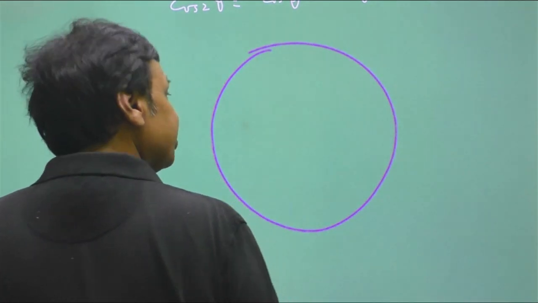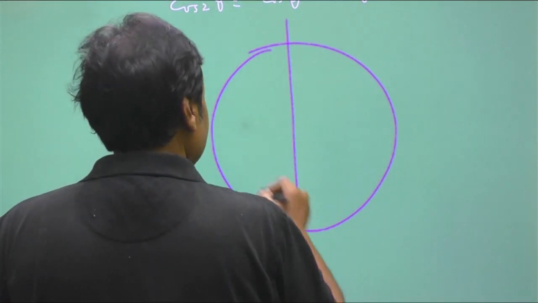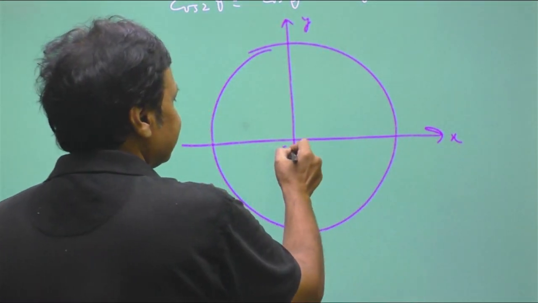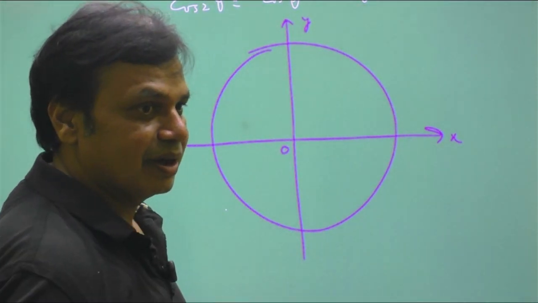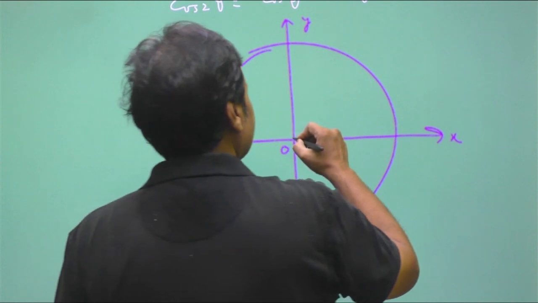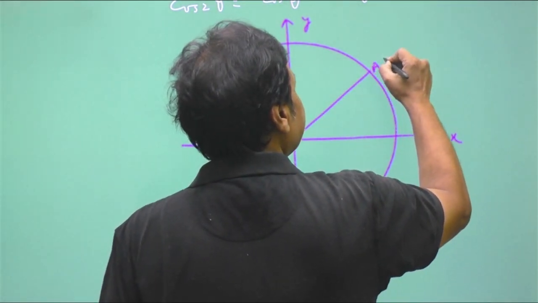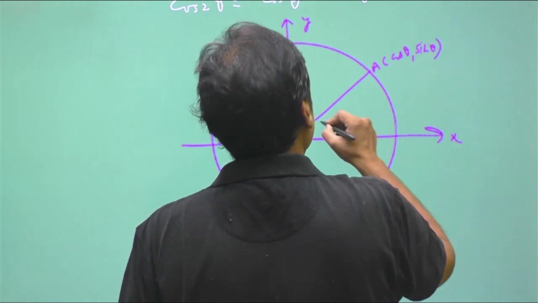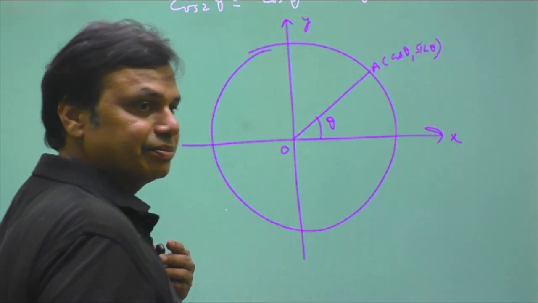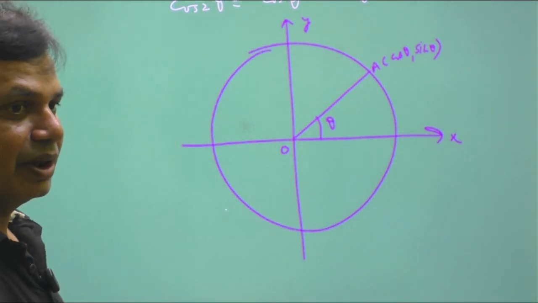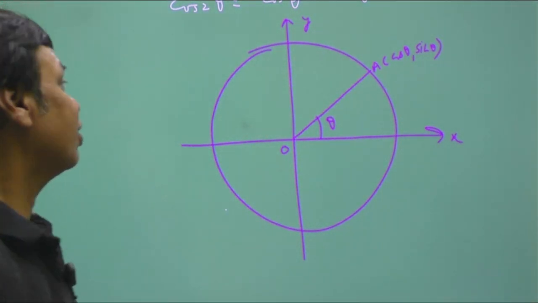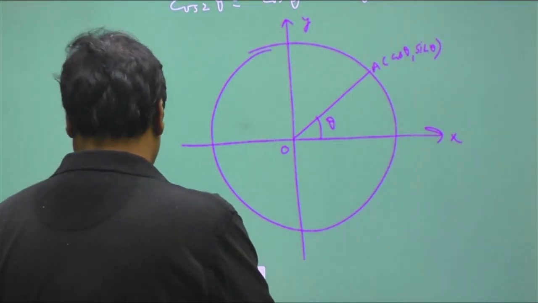A circle, unit circle. X-axis, y-axis, here is the origin. And here is a point A, having coordinates cos theta and sin theta. That means this angle is equal to theta. Right? Now draw a line here.